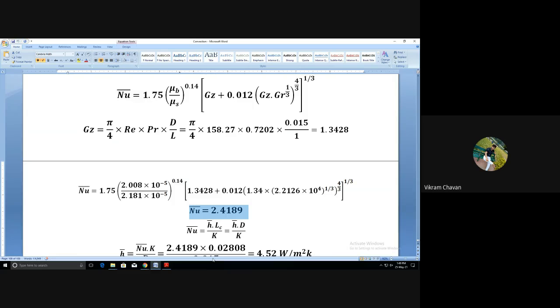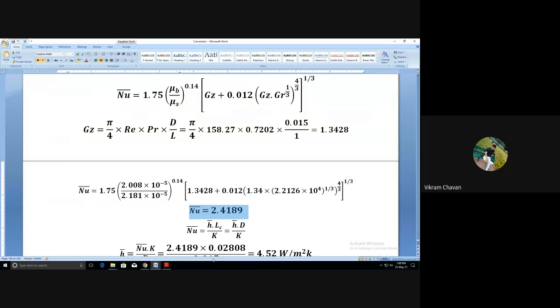Do the calculation, everyone, and put up your average Nusselt number value. 2.45. Okay. Anybody else? 2.452. 2.44.